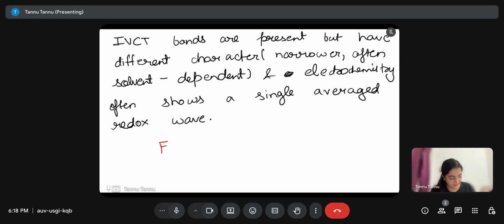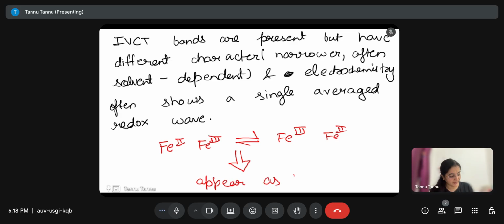In these, Fe2+ and Fe3+ are coupled so strongly that they appear as Fe 2.5, observed in Fe 2.5 oxidation state.